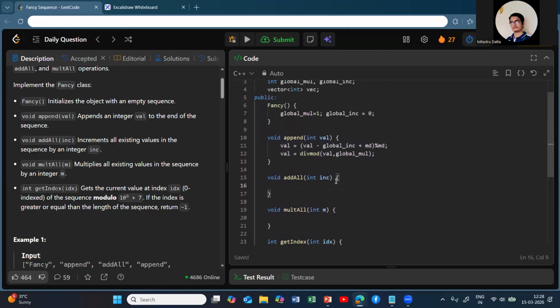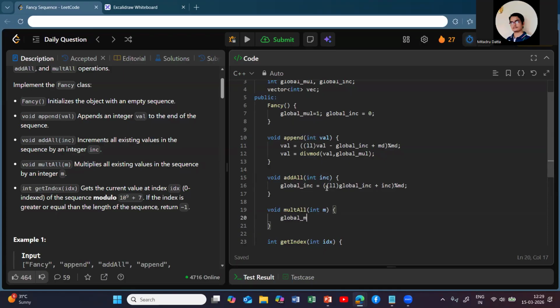And when you want to add all value, you can just increment the global incrementer. Let's have this as a long. Global incrementer will be nothing but the incrementer plus this incrementer, whole modulo, but let's make it long because the addition might result in a long integer, and then you are performing a mod.